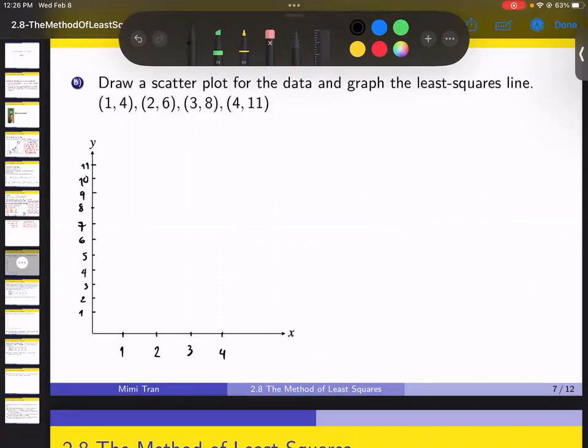You plot the point 1, 4. Right there. 2, 6. Right there. 3, 8.